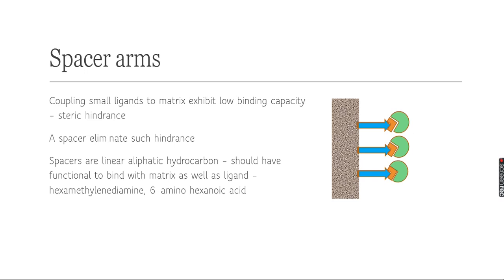It should have functional groups to bind with the matrix and with the ligand. For example, sometimes we can have hexamethylenediamine, or we can use 6-aminohexanoic acid. This hexanoic acid has a hydrophobic chain, and the 6-amino group gives the functional site to bind with the ligand molecule. But if we have very much excess spacer, it can also have some undesirable effect in the binding process.